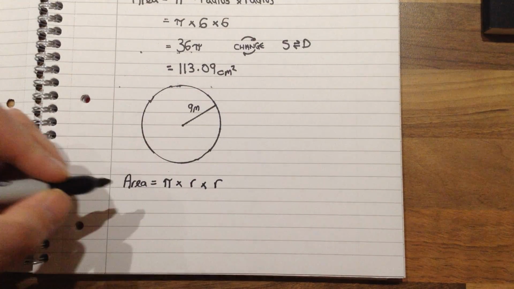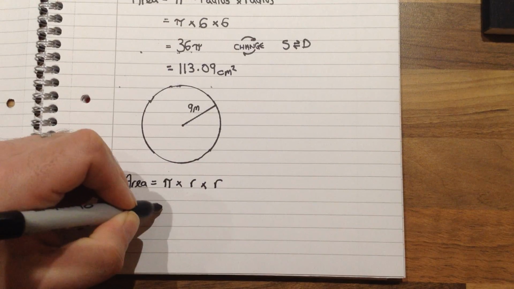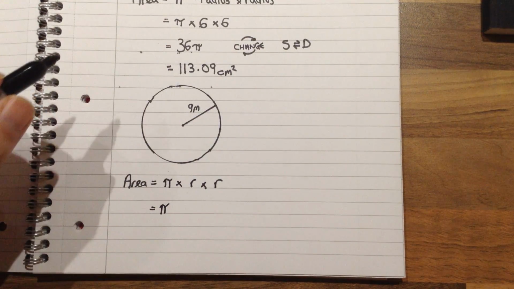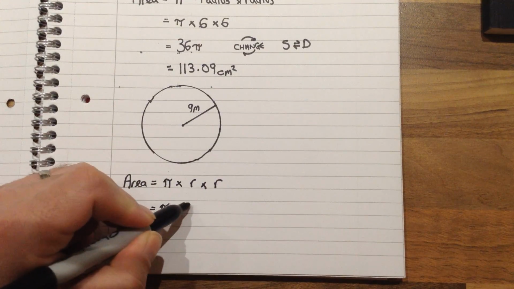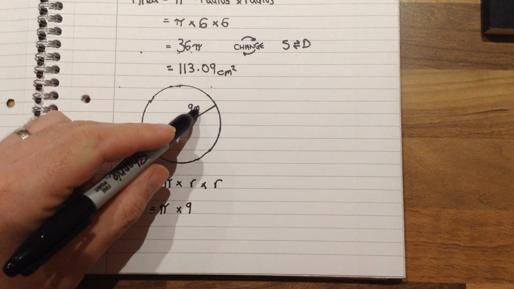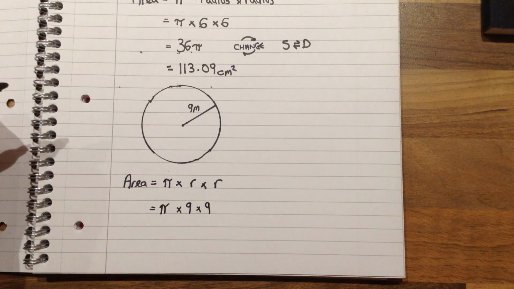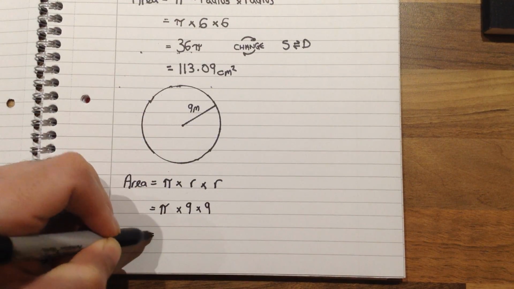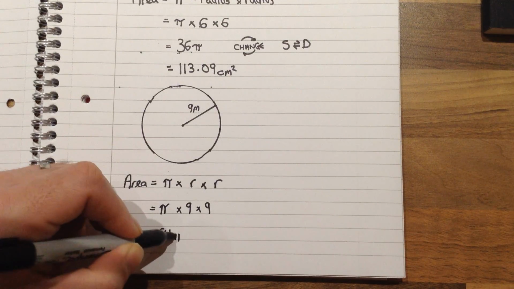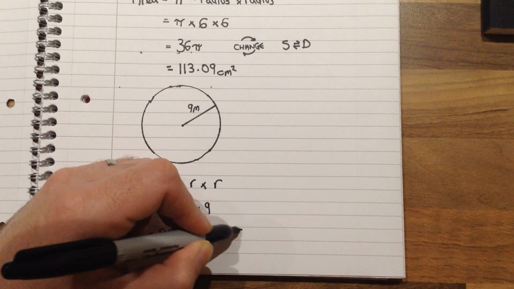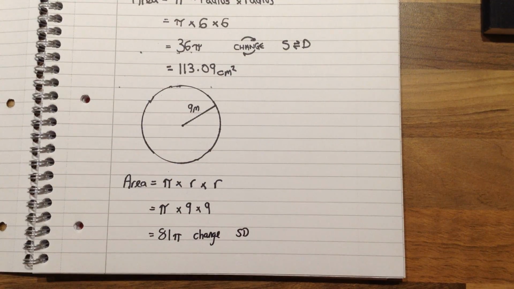So what I would have to do on this question is pi, which again just remember is the little button on your calculator, times by 9, because that's the radius, times by 9 again. Again, if your calculator comes up saying 81 pi, just press the little button that says change, or it might say SD on it or something like that.